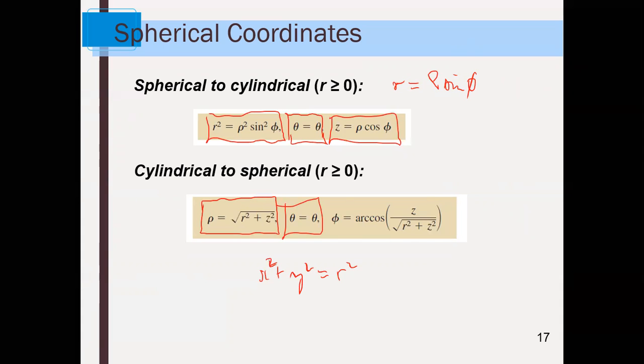Again, all I do is replace x squared plus y squared with r squared. So this is how I can flip back and forth from rectangular to spherical, spherical to rectangular, spherical to cylindrical, cylindrical to spherical, etc. It's all mixed together. Questions on that?